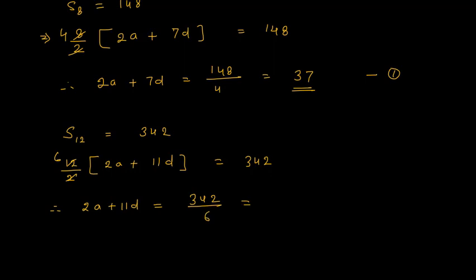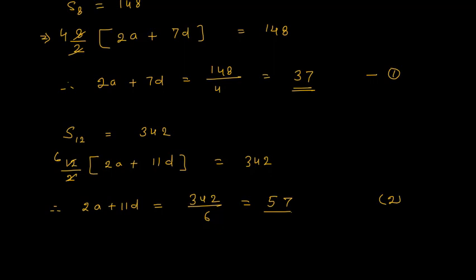Now 6 5s are 30, 6 7s are 42. So 2a plus 11d is equal to 57. This is your second equation.